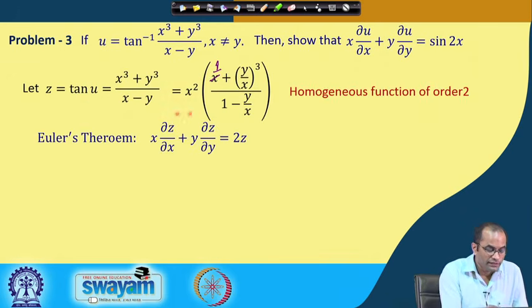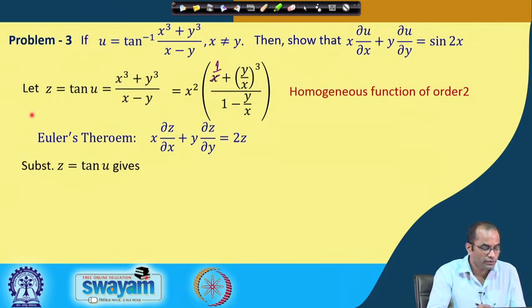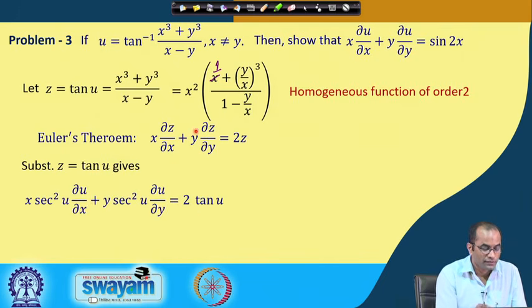And then we can apply Euler's theorem on this function z, which is equal to tan u. So this will give us 2 times z, and z was tan u, equals x del z over del x plus y del z over del y. We need to see what del z over del x is.